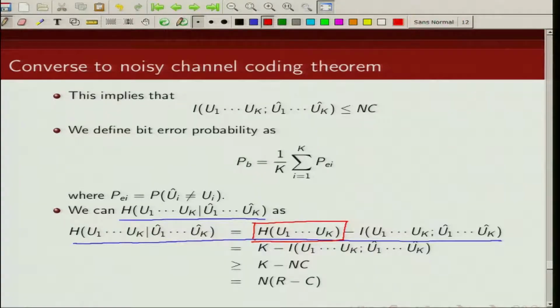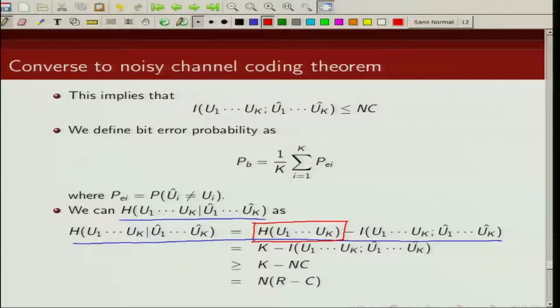The ui's are the output of a binary symmetric source, and they are independently and identically distributed. So H of u1, u2, ..., uk is H of u1 plus H of u2 plus ... plus H of uk, and H of ui was 1 bit because it is a binary symmetric source. So this particular term will be equal to k minus this.